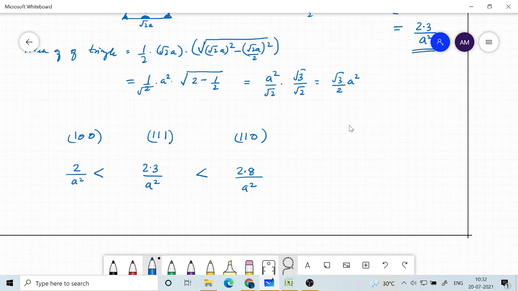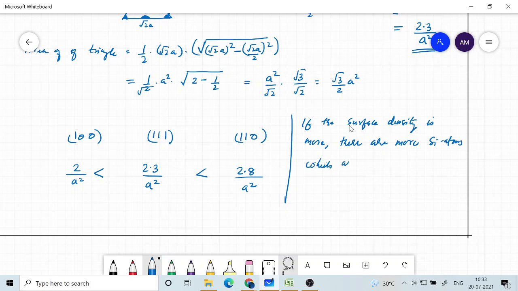So if the surface density is more, there are more silicon atoms which are left unpaired.